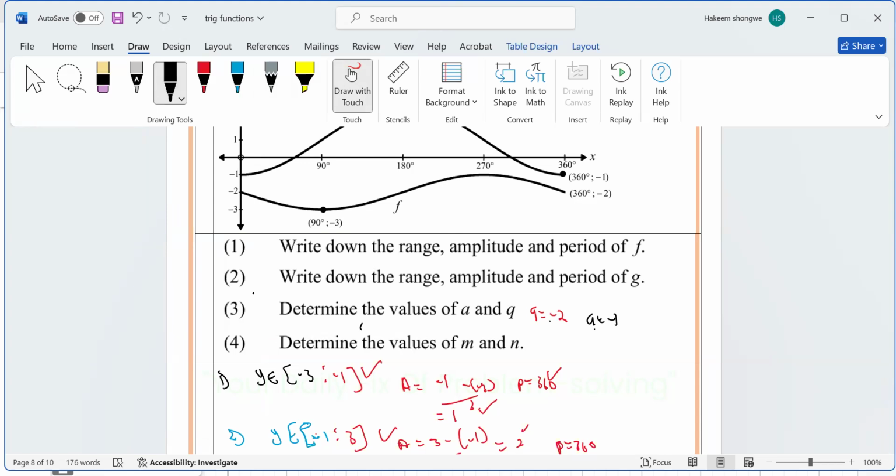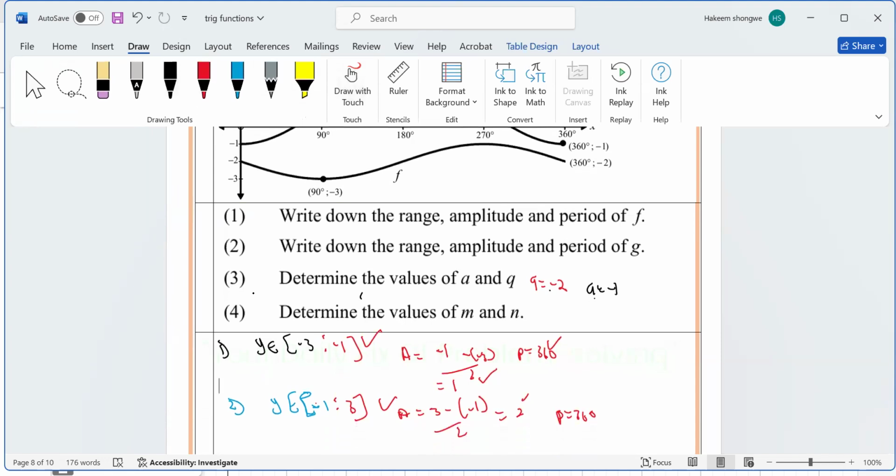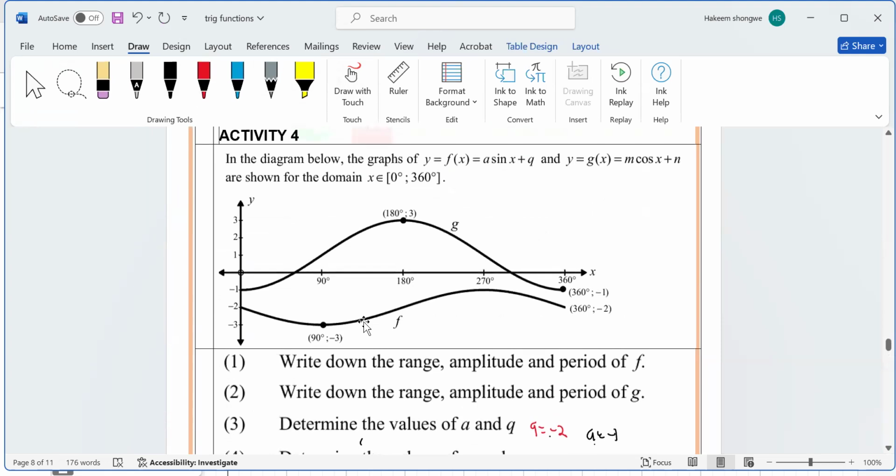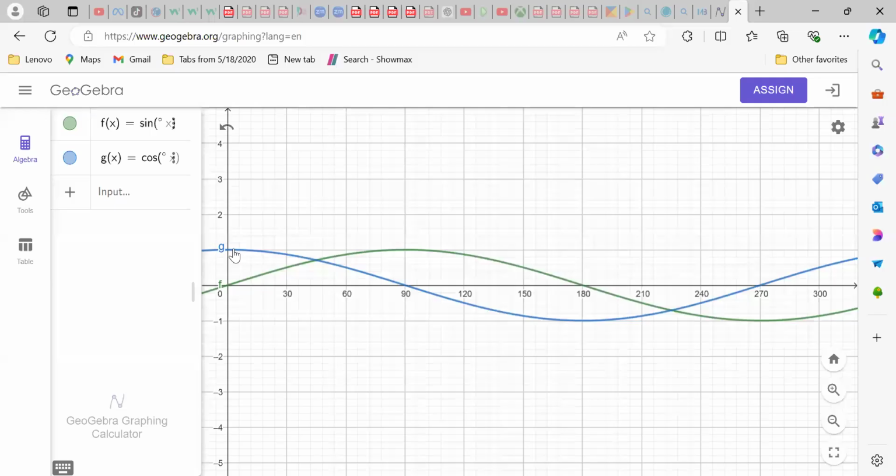You are done. Let's look at m and n. Now, let's look at the original cos graph. Where does the cos graph start, original? It started at 1. Now let's go and check ours. Which way does it start?